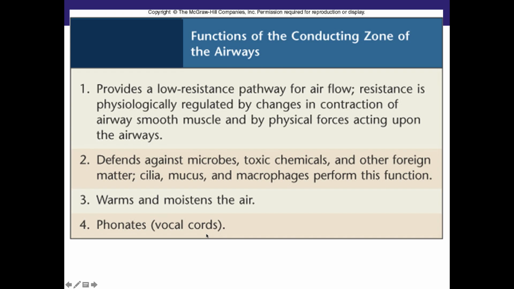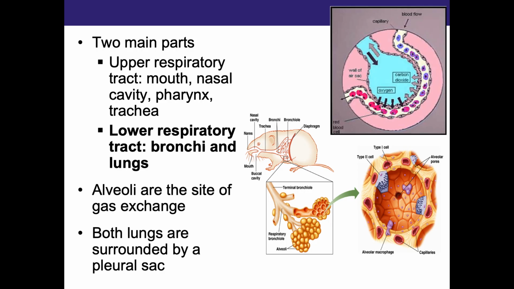All right, now the lower respiratory tract, it includes those bronchioles and lungs. We're going to talk about what alveoli are. Remember, alveoli are where most of the gas exchange occurs. And take a look at this. You actually have the wall of the air sac here. I'm looking at the top right-hand corner of this diagram.